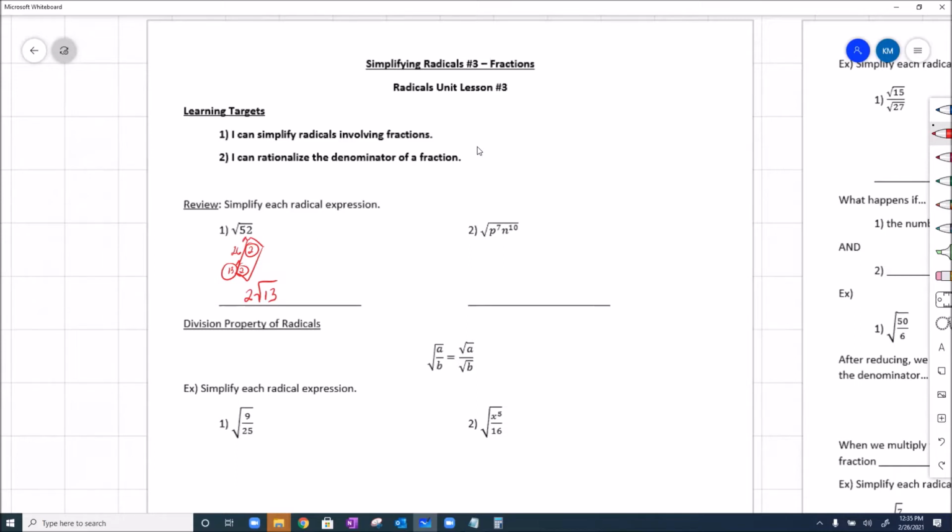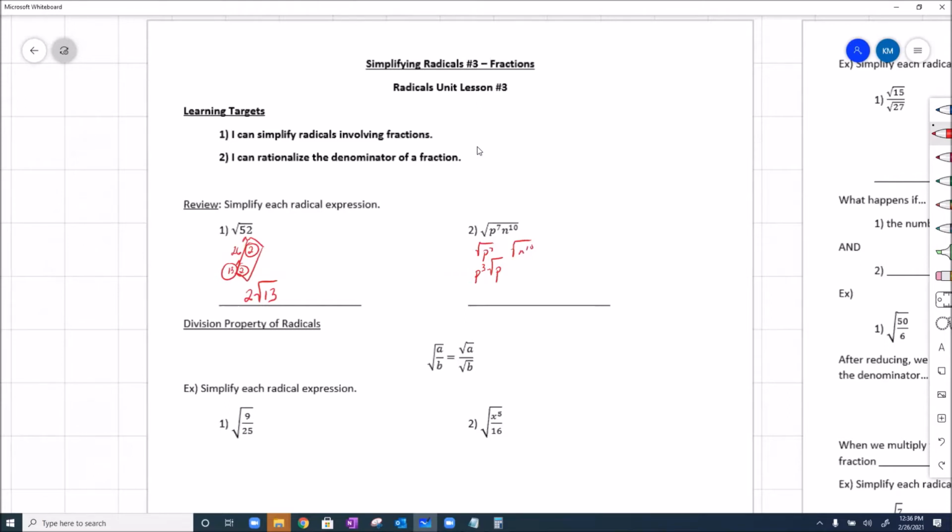With variables, how we approached it was we said, okay, let's deal with our p's and our n's separately. We're looking for pairs of p's, so we could divide the exponent by 2. And so when we look at 7 divided by 2, that gives us 3.5. So we'd see, okay, we have 3 pairs of p's, p to the third power, and one that wasn't quite a pair, so it's by itself and remains inside the radical.